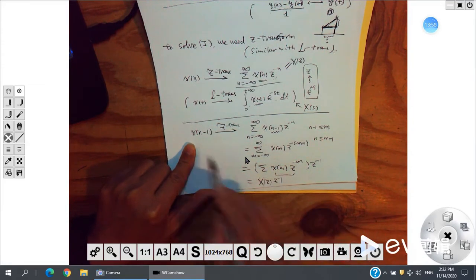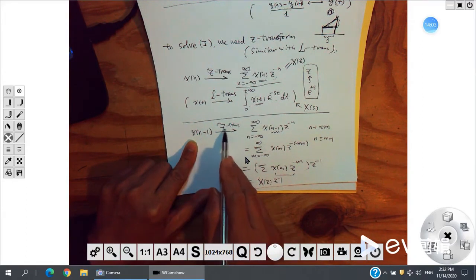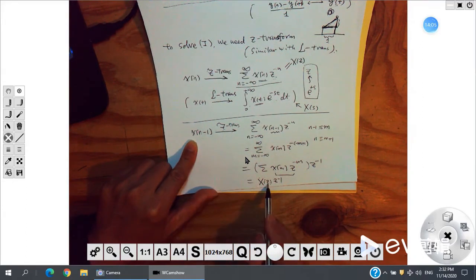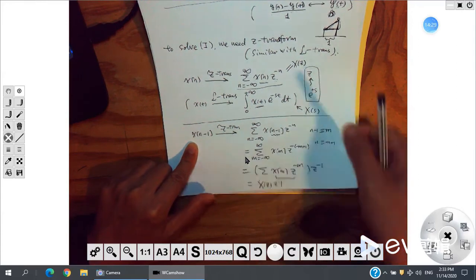So when you do a shift in the time domain, after the Z transform, in the Z domain it is just times z to the negative 1 in front of X. This is also similar to the derivative: you take the derivative of a signal and check the Laplace transform, and you multiply by s in front of it. Now we multiply by z to the negative 1 for a shift of n minus 1. Alright, then we can solve it.